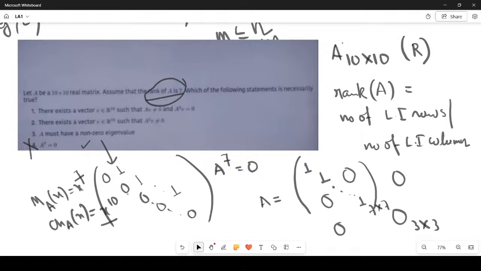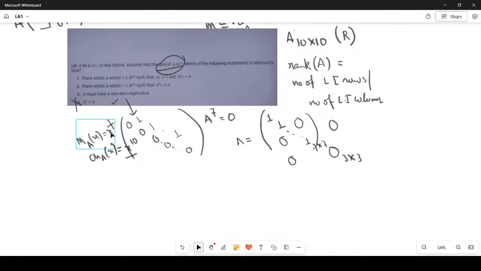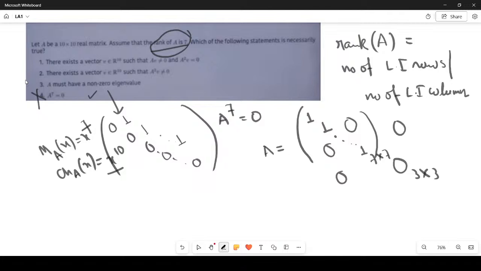A is a nilpotent matrix, and in that case the rank of A will be 7, because A already has a block of order 7, with all diagonal elements 0. So "A must have a non-zero eigenvalue" is also not always true.